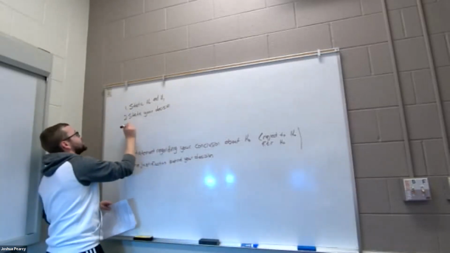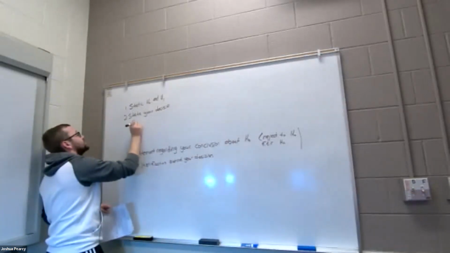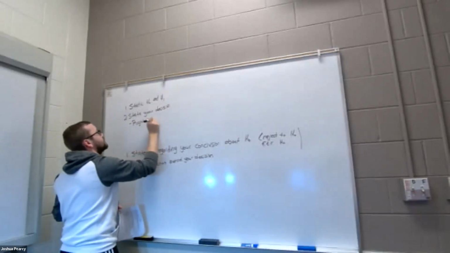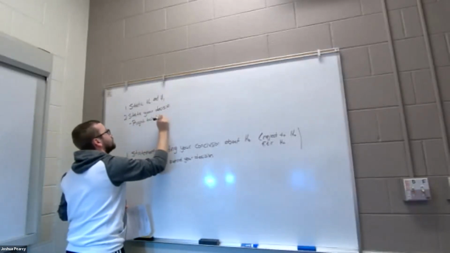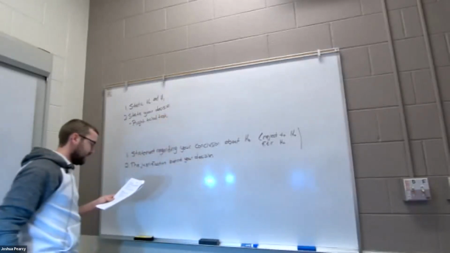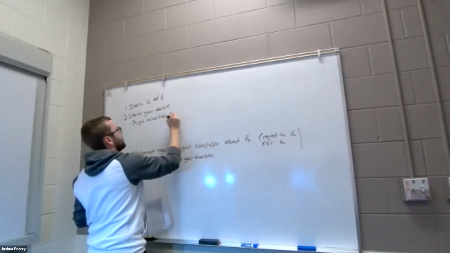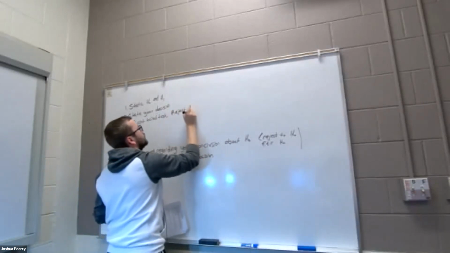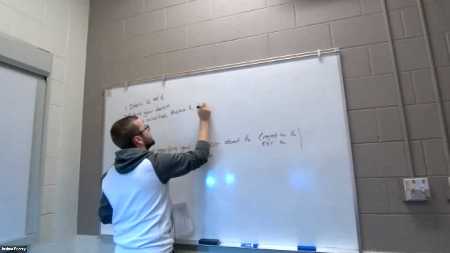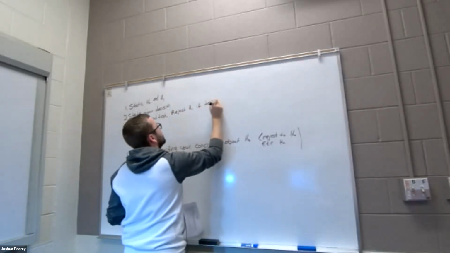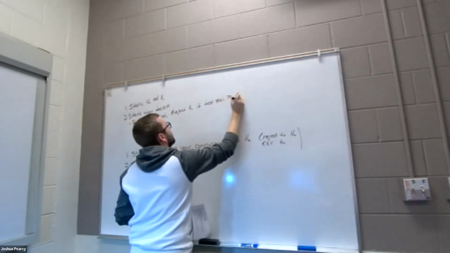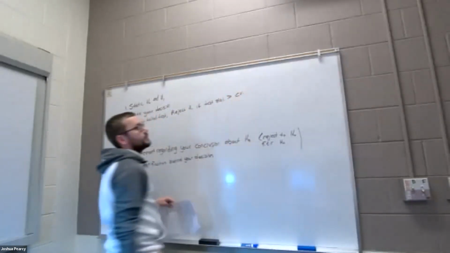So let's look at the first one. If you're doing a right-tailed test, then you reject the null hypothesis if you get a test statistic, so test stat just means test statistic, greater than the critical value.